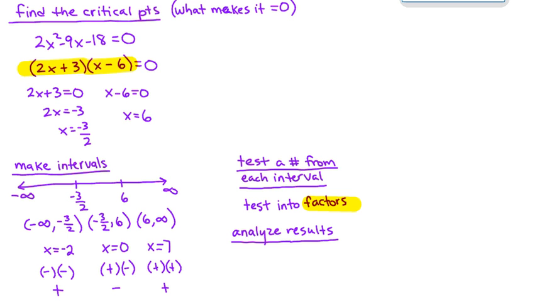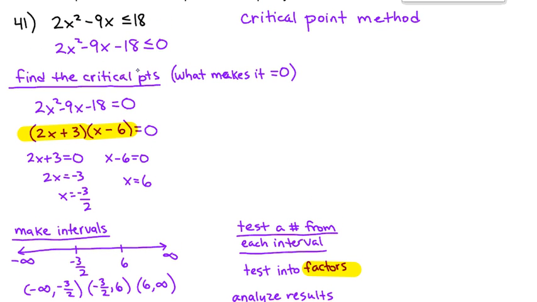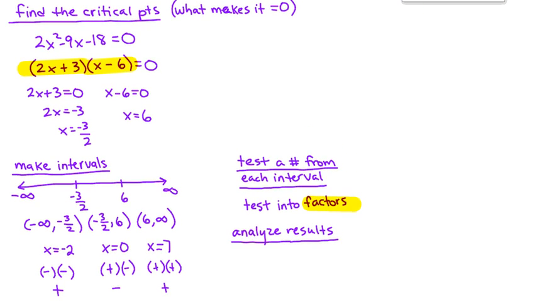Okay, let's go back to the original problem. So we were looking for what makes this expression less than or equal to 0. Less than 0 would be negative. If it said greater than 0, we would be looking for the positives. So we are looking for the negatives because it says less than 0. So going back, we see that we have negative right here.